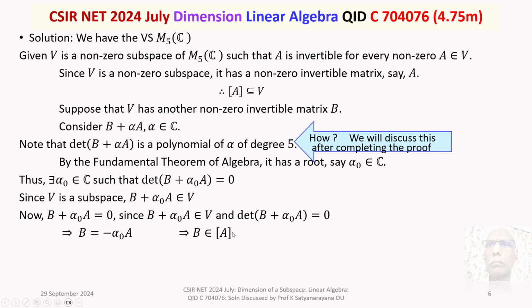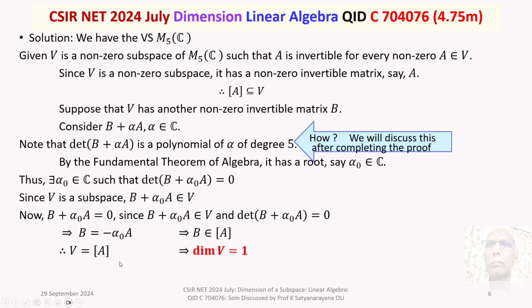B belongs to the linear span of A. So, if you think that V has another non-zero invertible matrix B, then B belongs to the linear span of A. That means to say V is precisely the linear span of A only.